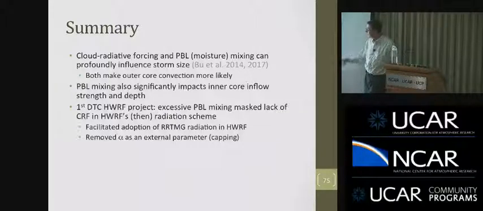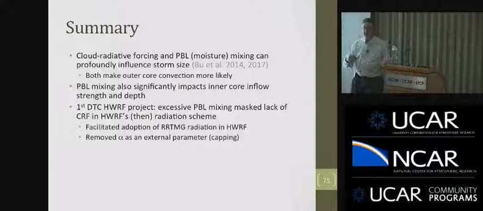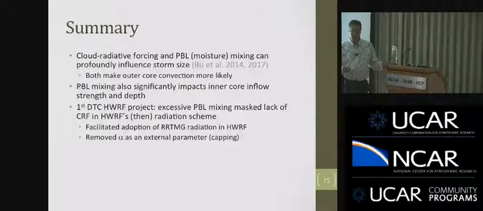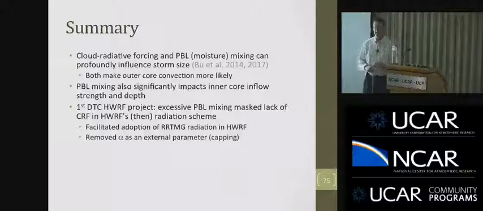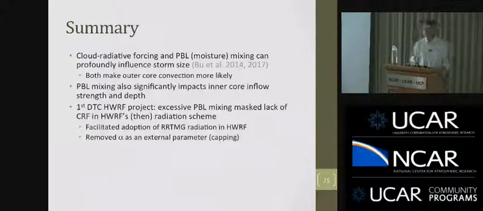It facilitated the adoption of RRTMG radiation in HWRF, which is still being used today, and we removed alpha as a free external parameter by computing it internally and applying a cap to it. That's still a kludge, but it's a kludge that actually makes the PBL scheme work a little bit better because of the fact that it's also no longer influencing the ocean outside of the hurricane and not influencing the boundary layer over land like the alpha approach was.